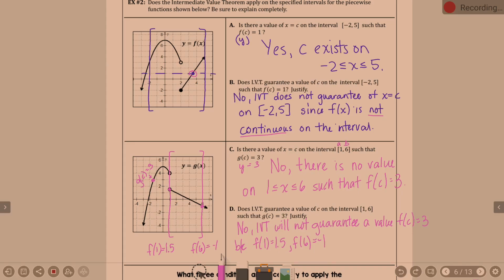Oh, I put F, didn't I? Yeah, they should be G's. I tend to default to F's if I don't think hard enough about it. And right there, folks, you've stated the information here. You can go to maybe even more of a conclusion, but IVT says that 3 has to be between -1 and 1.5, and it's not. That's what IVT says. Okay?